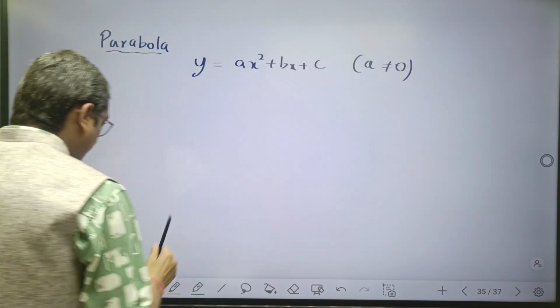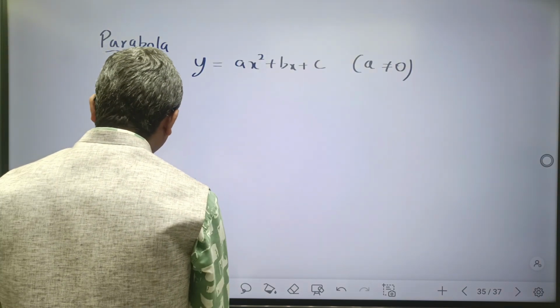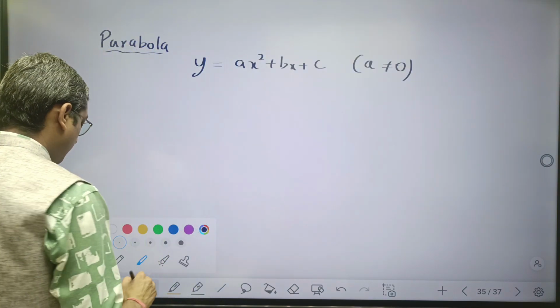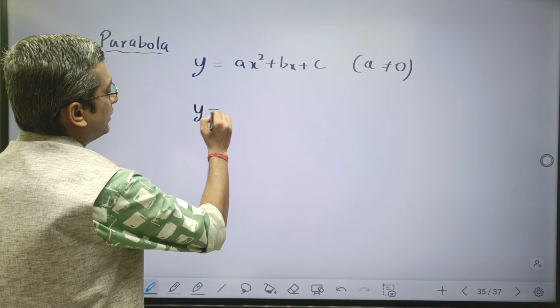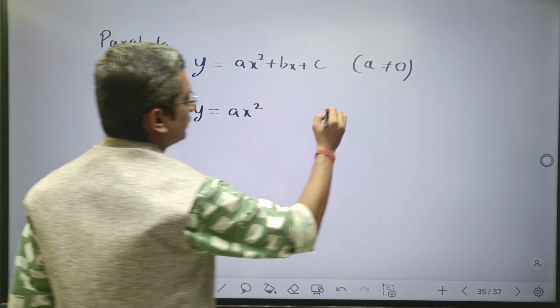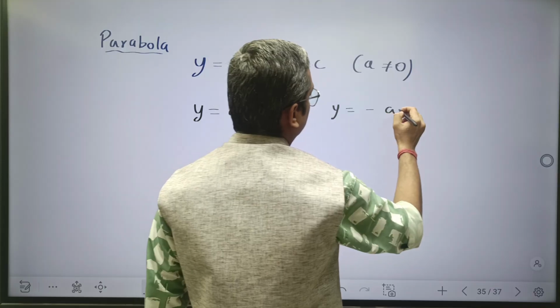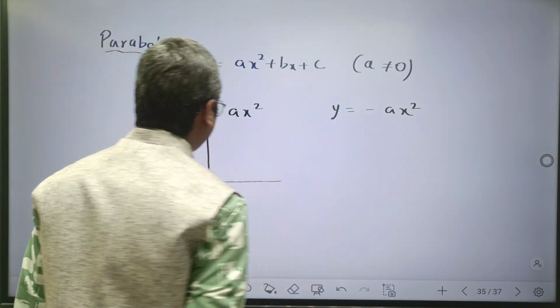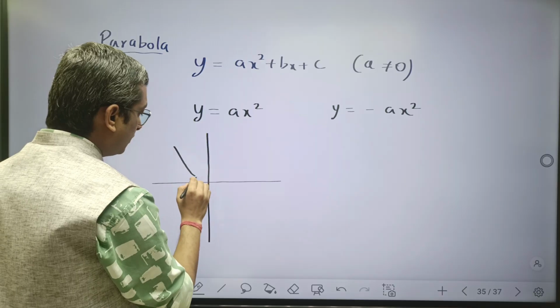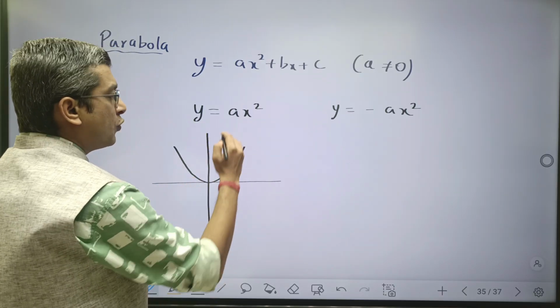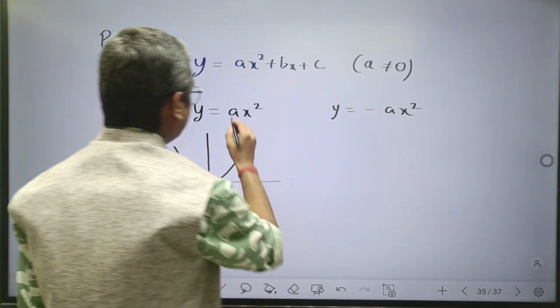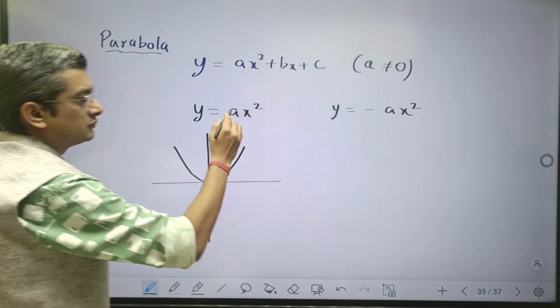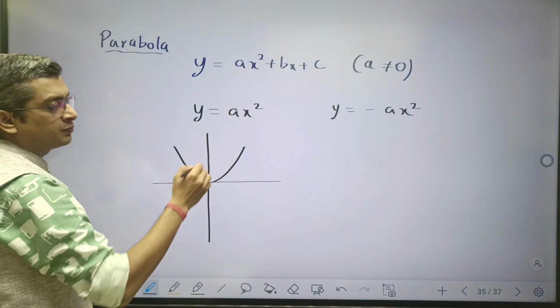There are examples. Let us suppose I write y is equal to x square, y is equal to a x square, or y is equal to minus a x square. Remember, if you plot y is equal to a x square, then the graph would be like this. The graph opens upward because the constant along with x square is positive.